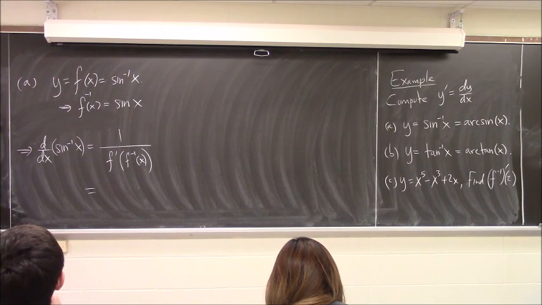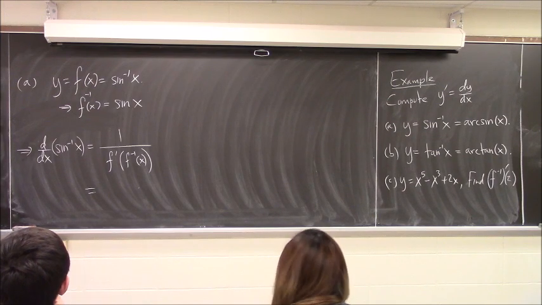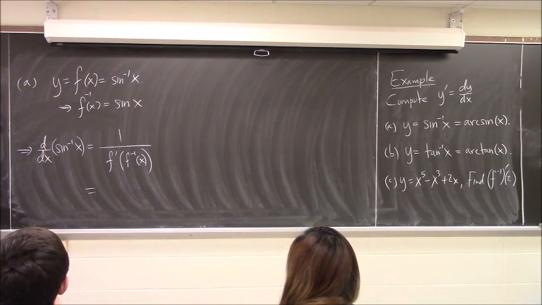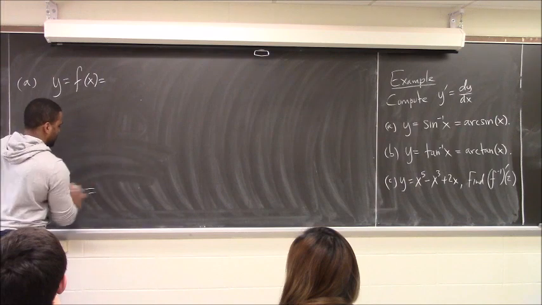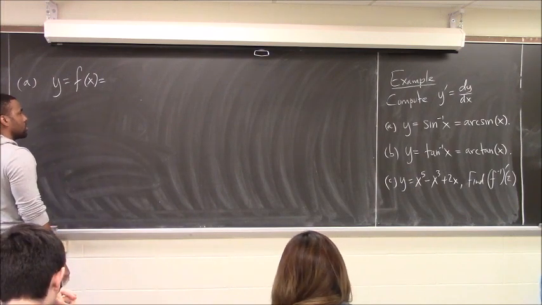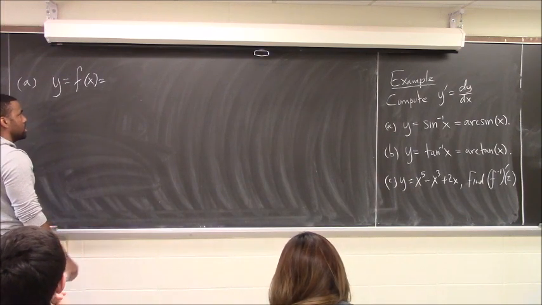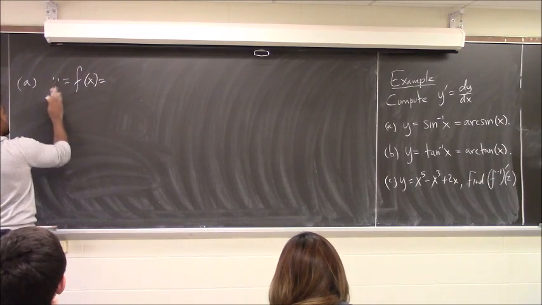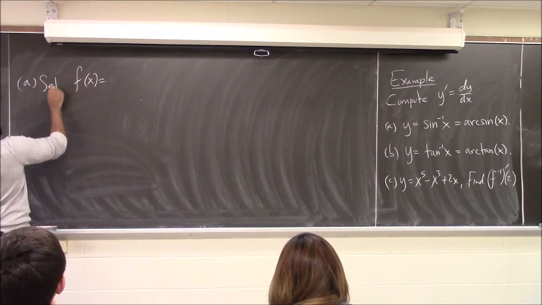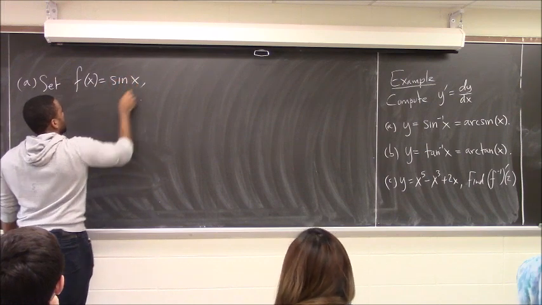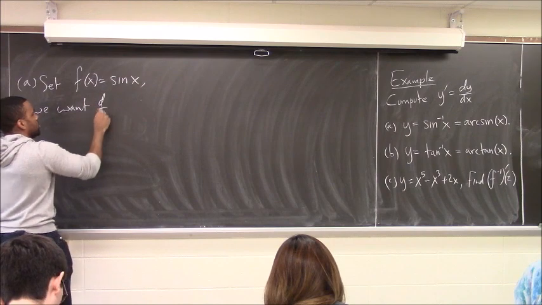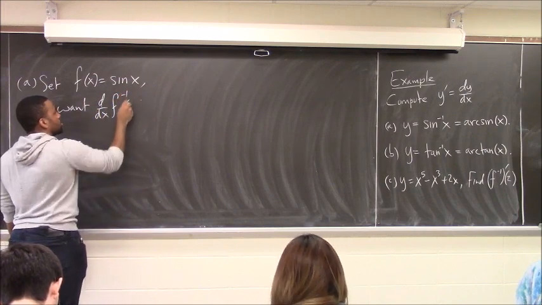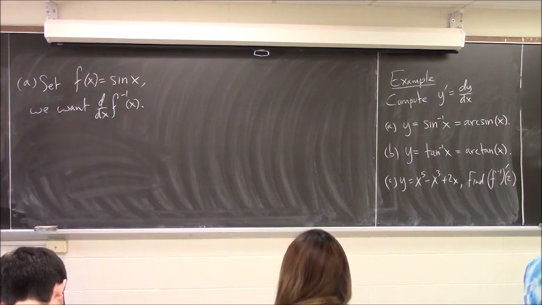It's not going to matter, but the notation is nicer, I think. Let's think of the f as the sine and find its inverse. It's the same idea, but the notation would be nicer. Set f of x equals sine. We want the derivative of f inverse. Right? That's what we want.